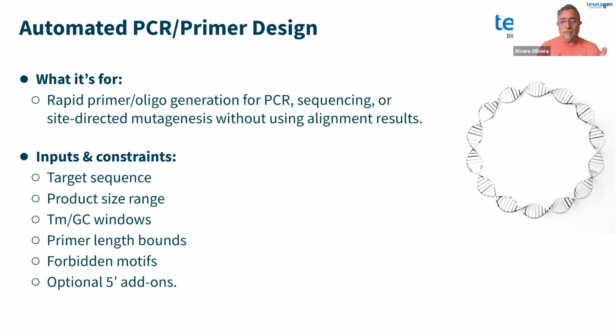Later, if we like, we can also include optional 5' modifications if needed, or even modify the sequence of the primers. But Teselagen then generates candidate primer pairs automatically for you, and you can select from a list of different primer pairs.